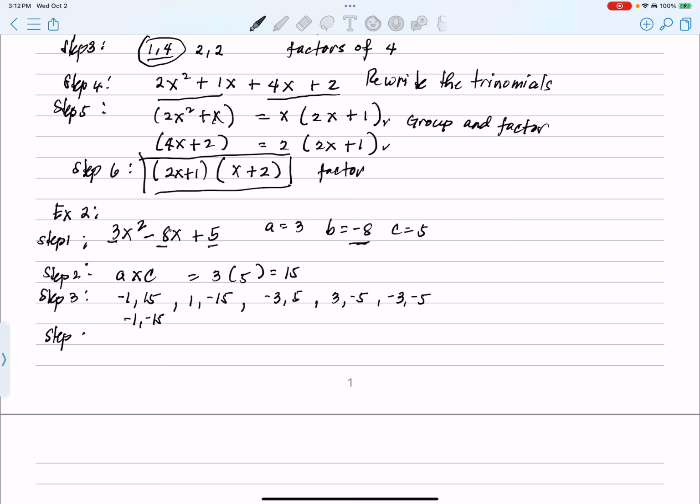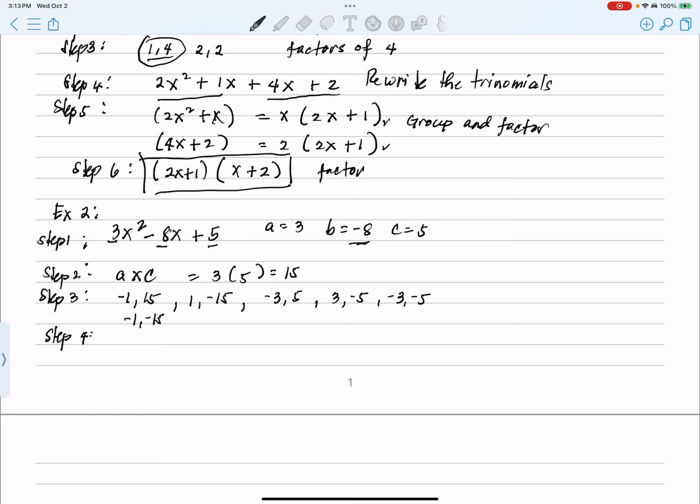We'll have step 4. First of all, we have to find out which pairs of factors we're going to choose, wherein when we add, it will give us negative 8.